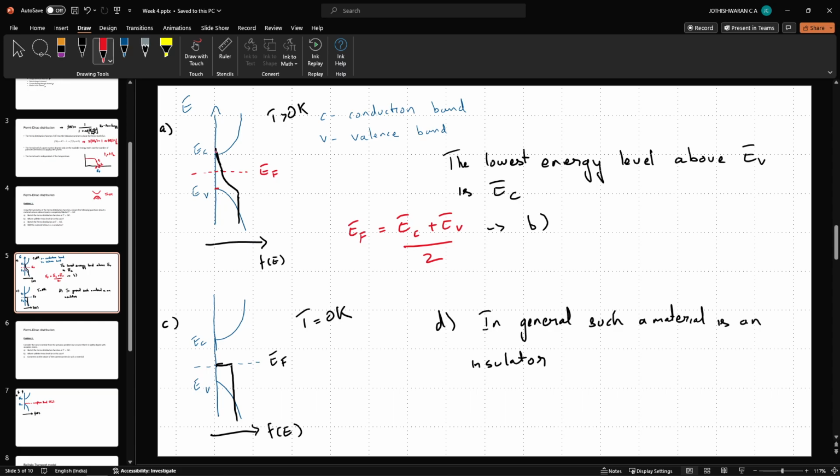So in such semiconductors we create what are called electron hole pairs. We create charge carriers in pairs. For each electron in the conduction band, there is a hole in the valence band. That is true for an intrinsic semiconductor.